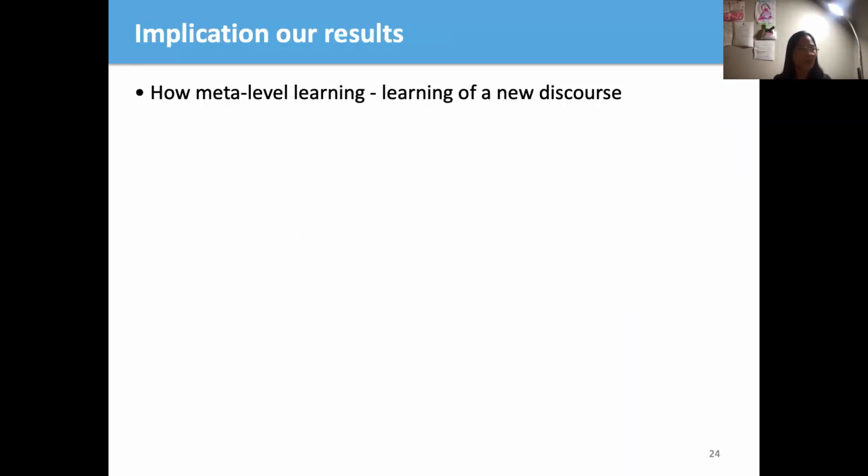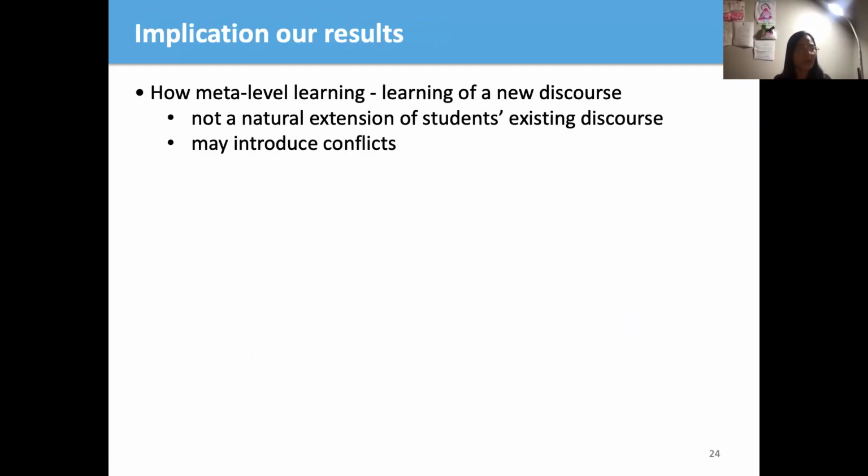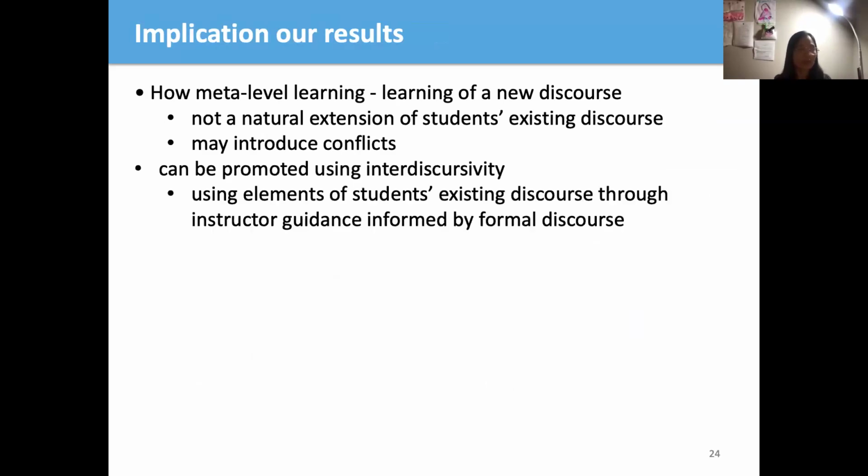So our results show how meta-level learning, which is the learning of a new discourse, not a natural extension of their existing discourse, which may also introduce conflict, can be promoted using interdiscursivity, which is using the element of student existing discourse through the instructor's guidance informed by formal discourse.